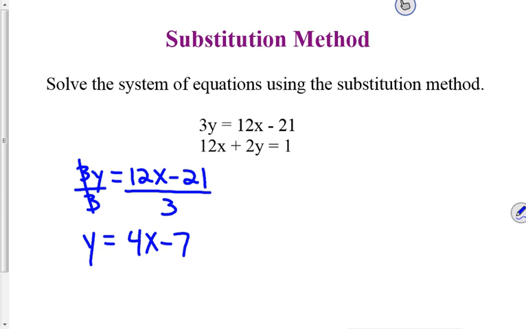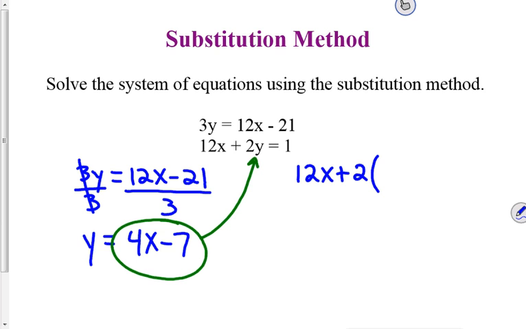Now that we solved this equation for y, we can take what y equals, 4x minus 7, and we can substitute it in for y into the other equation. Now that equation would read 12x plus 2 times 4x minus 7 equals 1.